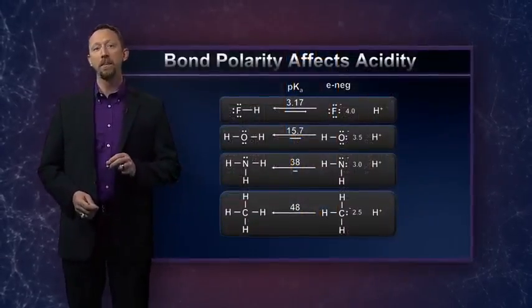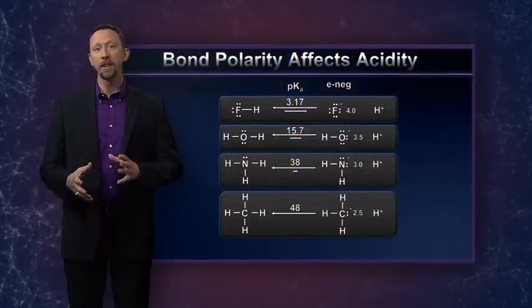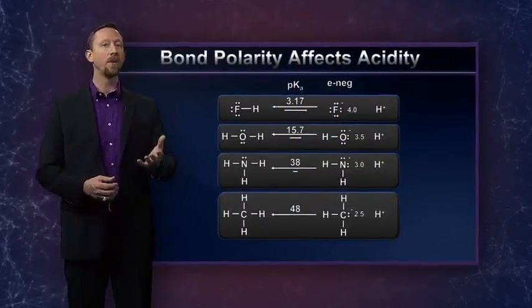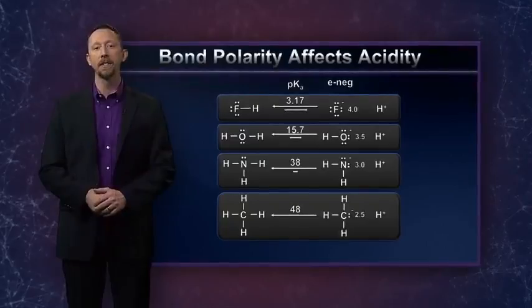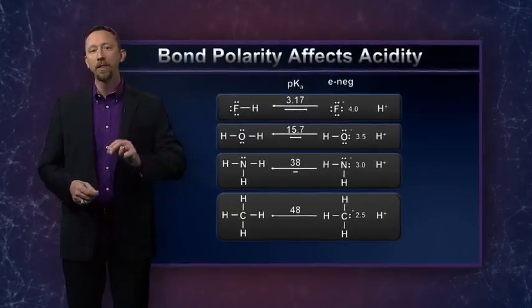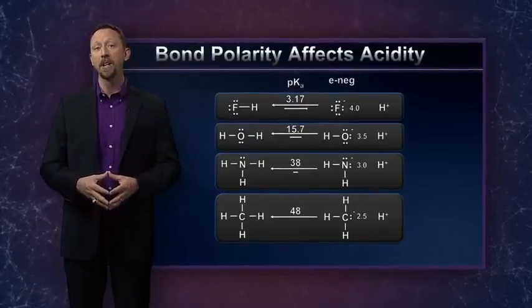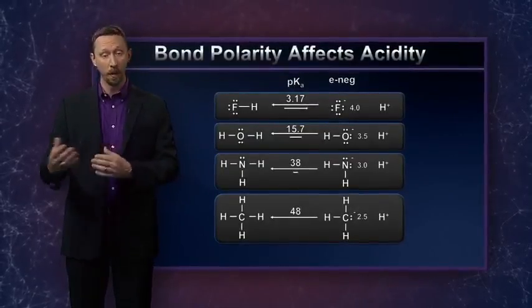Then we considered binary acids of similar size with different atoms bonded to the acidic hydrogen. We used the example of ammonia, water, and hydrofluoric acid. We determined that within the row of the periodic table, those acids with more electronegative atoms bearing the acidic hydrogen will be more acidic.